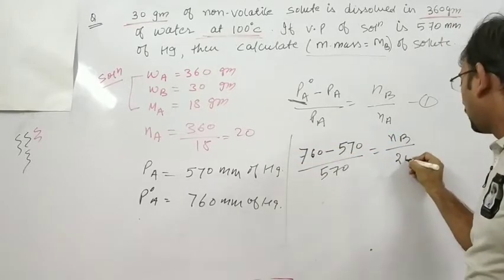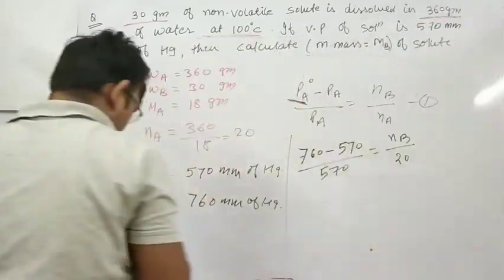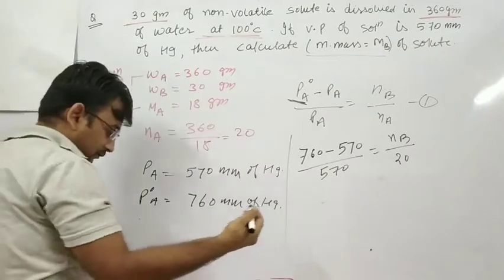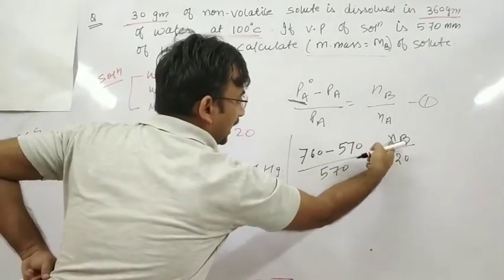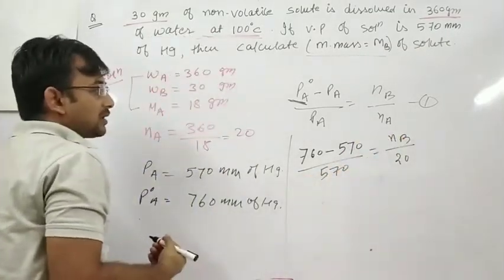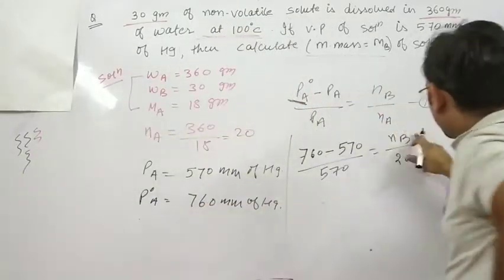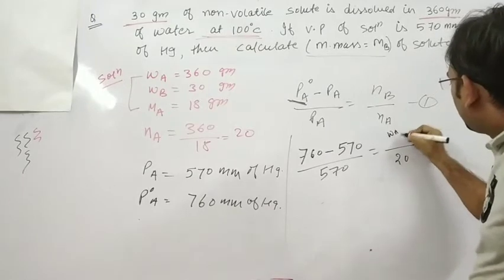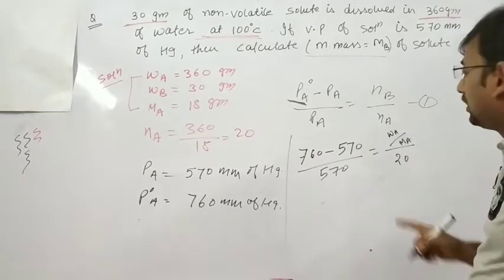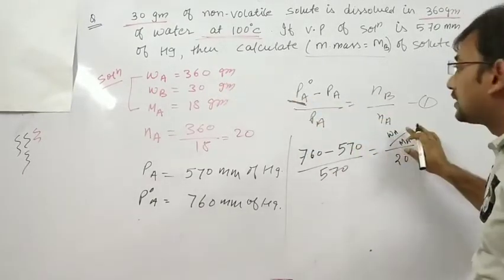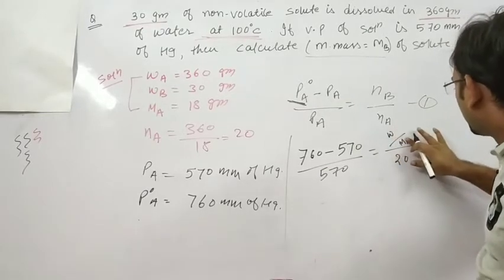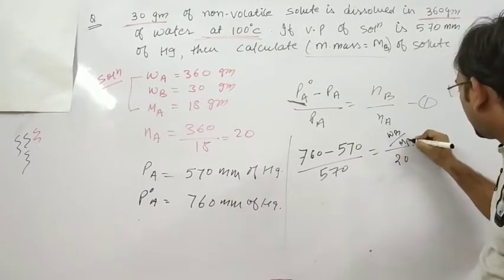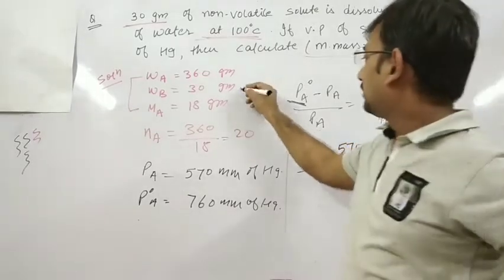Moles of A we have calculated, 20. Now from this data, we know that NB can be written as given mass upon molecular mass. So in place of NB, we can write weight of B divided by molecular mass of B. This is solute. WB by MB. WB is given here, 30.